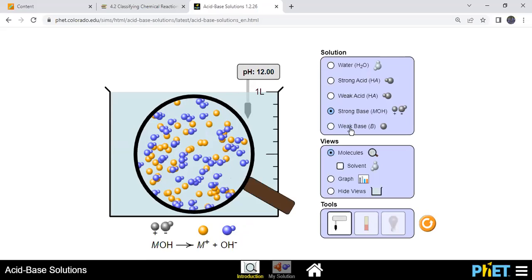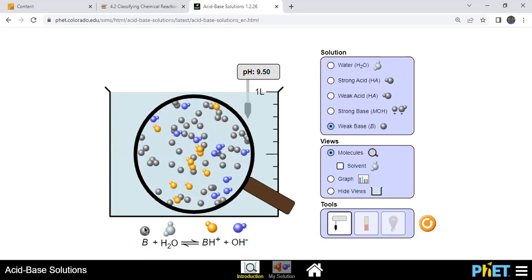But when you have a weak base, it's not always a salt. Sometimes it's an organic molecule like ammonia, and there's no dissociation, right? So you look here, you have a bunch of this left, a lot of it. Then you have a few OH minus molecules from proton transfer with water, but not much.